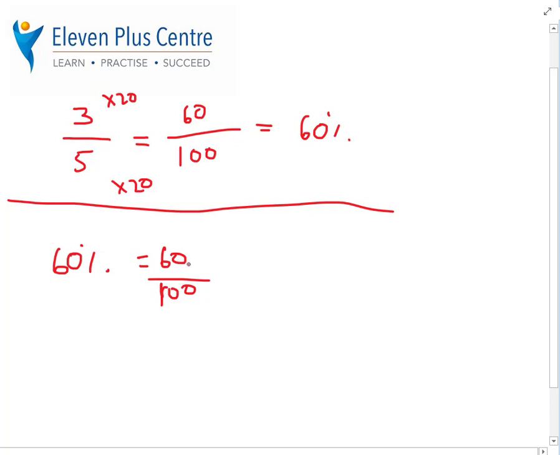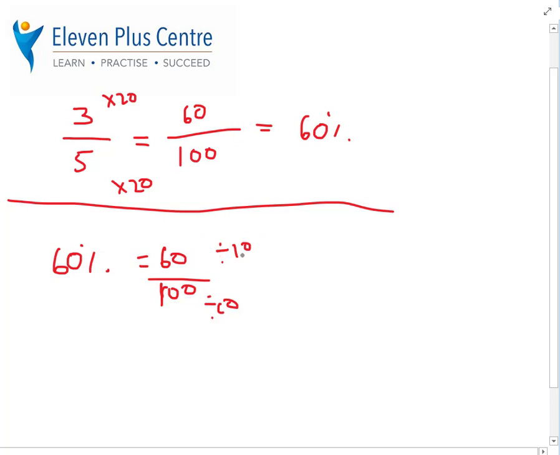We can divide top and bottom by the same number, which is 10. The reason I chose 10 is because 10 goes into 60 and 10 goes into 100 as well. I wouldn't choose 3, for example, because I can divide 60 by 3, but I can't divide 100 by 3.